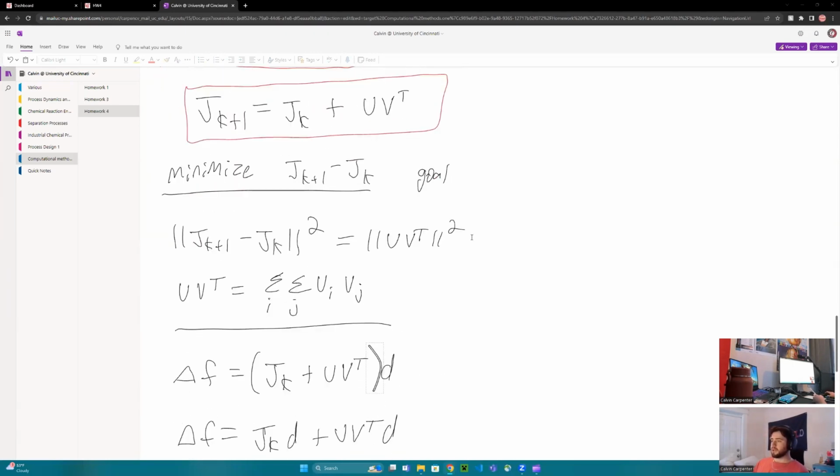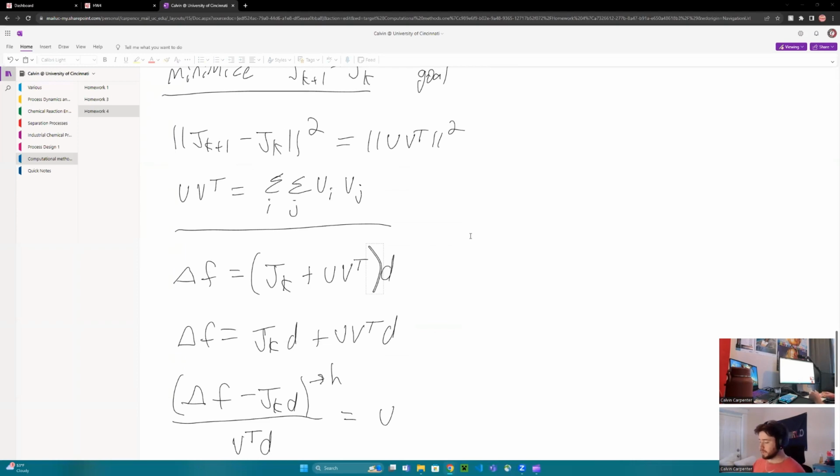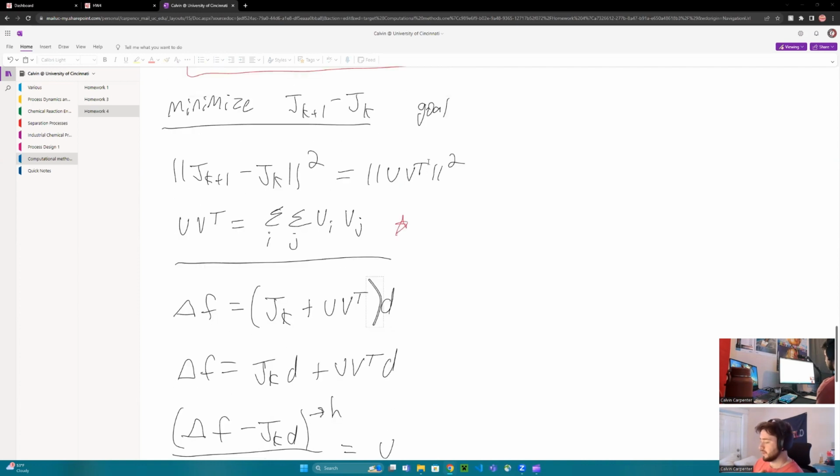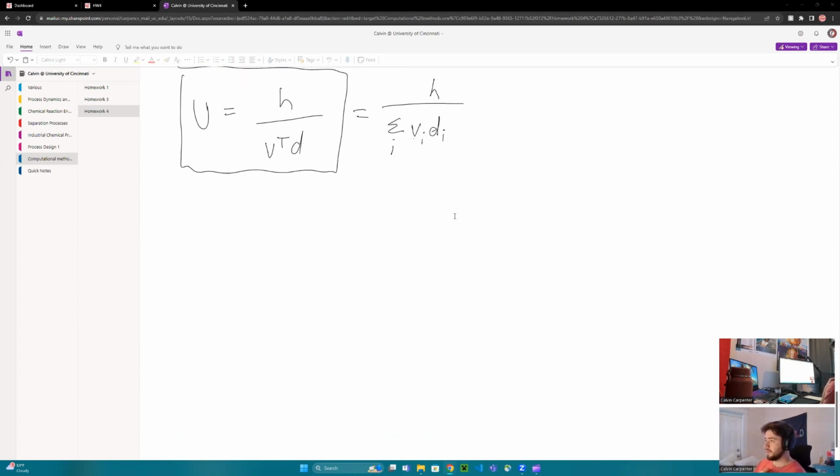Okay, so now we're going to take this equation and square it, indicating what we did here, and then substitute U in for that.